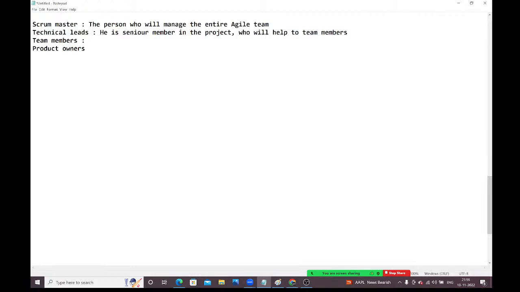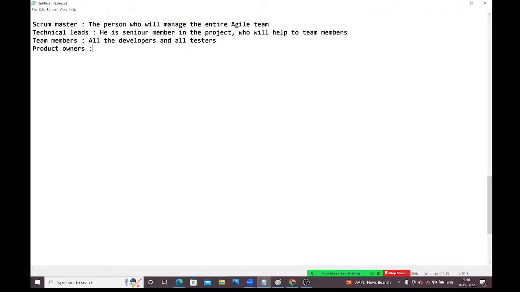Team members means all the developers and all the testers. We will call them team members. Product owner means, guys, responsible for the deliverables. He is responsible to deliver this sprint to the client.